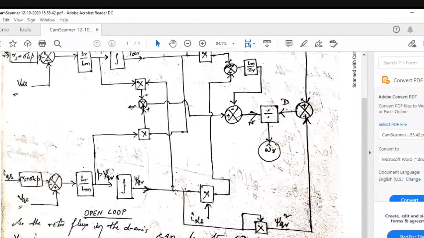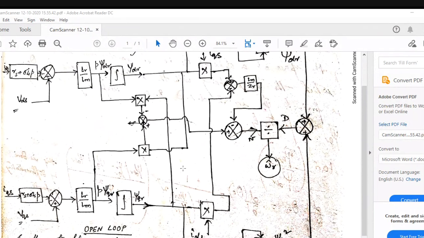Likewise, this one is phi QR and this one is also phi QR, so phi QR into phi QR gives phi QR square. You have to divide this one. Moreover, P phi dr multiplied by phi QR.